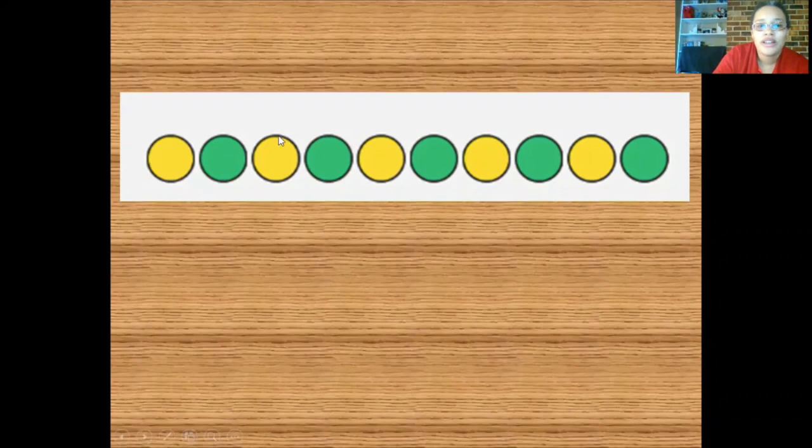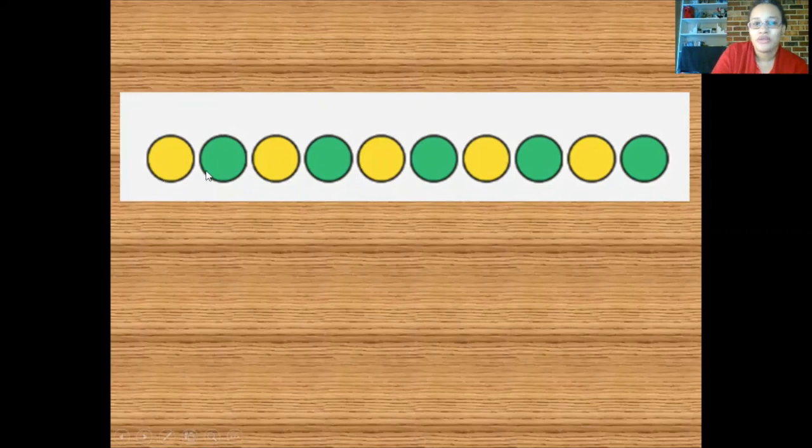Yellow, green, yellow, green, yellow, green, yellow, green, yellow, green. This pattern is a repeating pattern because the 2 colors repeated over and over again. So which 2 colors repeated? Right, the yellow and the green.